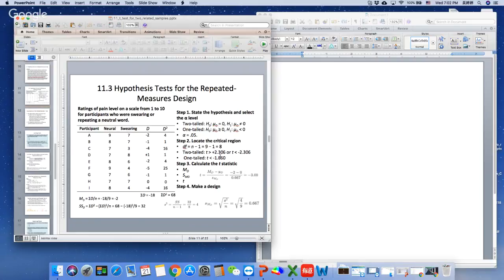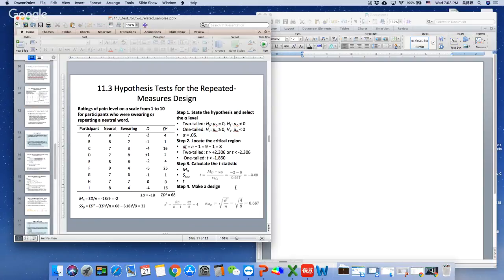Compared to the boundary of the critical region, we know this value is located in the critical region. Therefore, for the decision, if it's a 2-tailed test, we say the pain levels are different between these 2 treatment conditions.